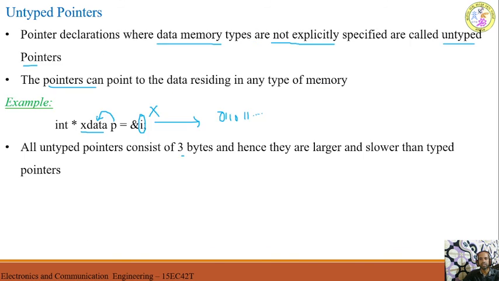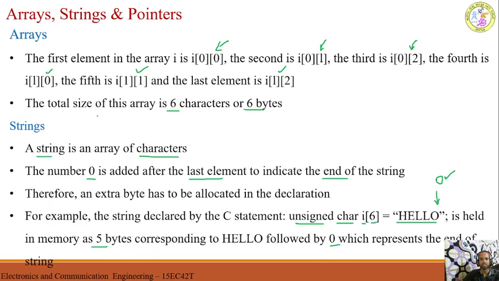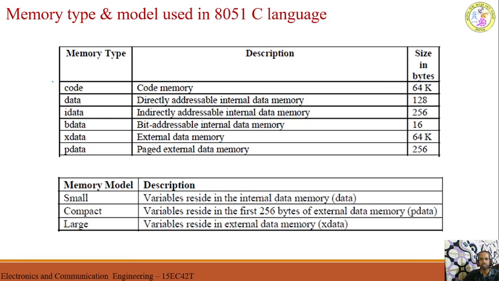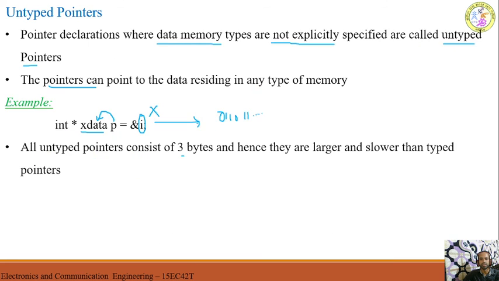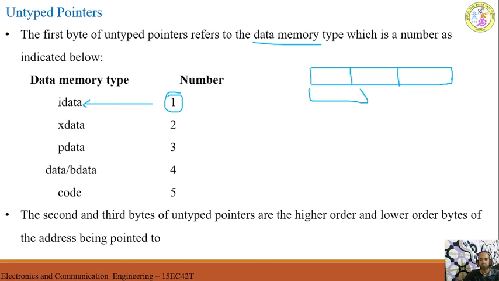And idata we have seen in the earlier slide: idata is indirectly accessible and is of size 256 bytes. Suppose the number in the first byte is 2, then it is external data.